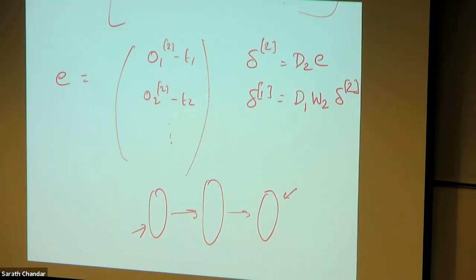Now, can someone tell me some heuristics? Let's say I ask you to train such a network. How would you pick an activation function, or how would you pick the number of units in the hidden layer? Yeah. Normal validation training.